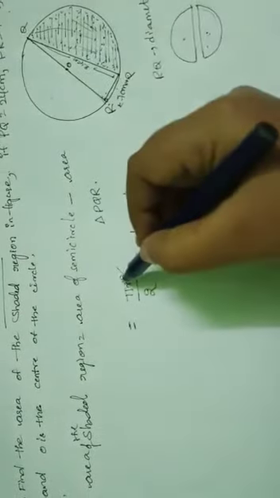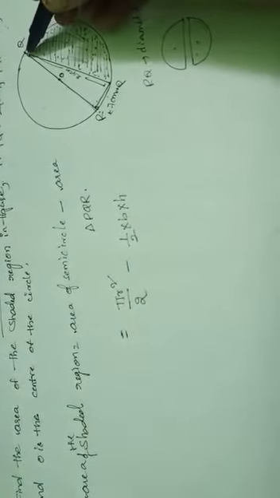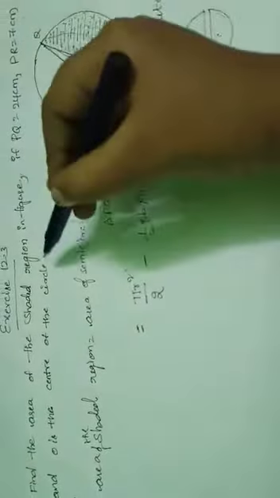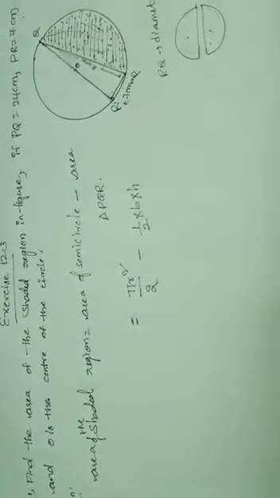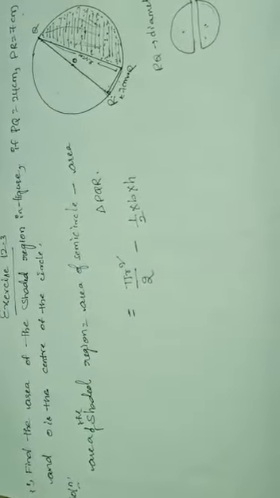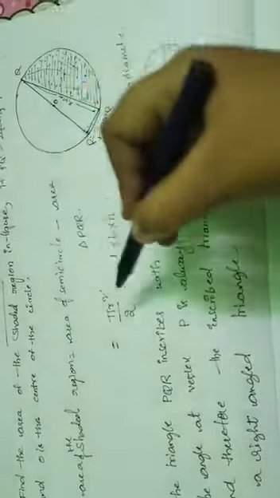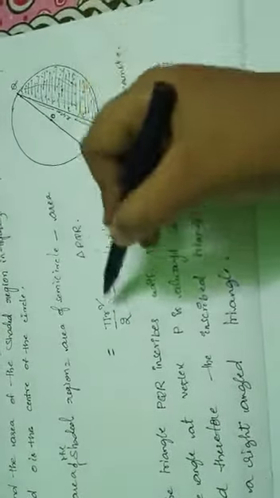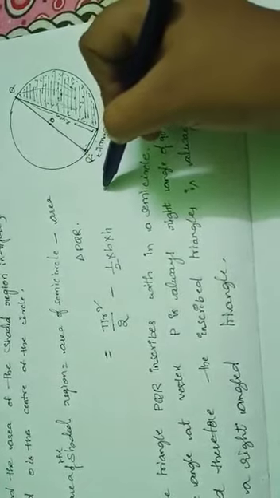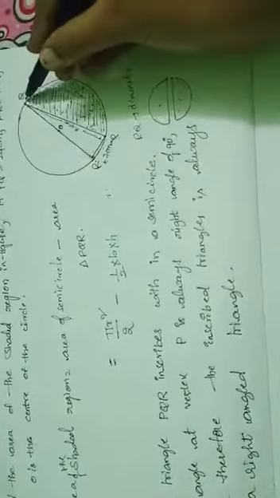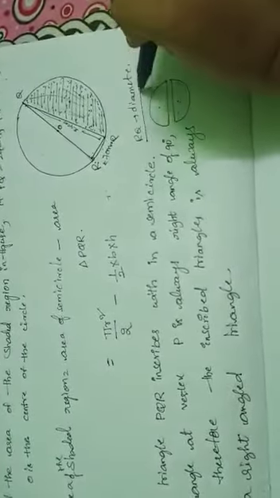What is r? r is the radius of the circle, and here we don't know the r value. r equals diameter by 2. Here RQ is the diameter, but we don't know the diameter value.